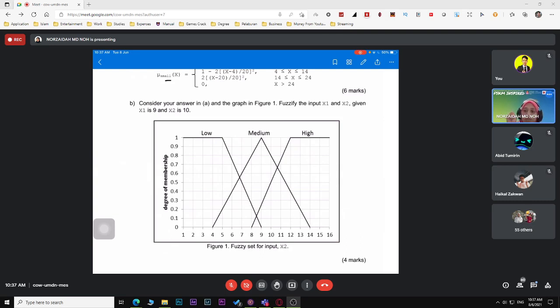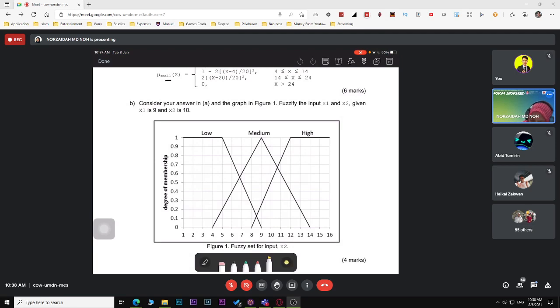But you have 2 inputs, so you have to fuzzify both of the inputs. Given fuzzify the input, X1 is 9, X2 is 10. Do you still remember how we did fuzzification? What did we do during the fuzzification?